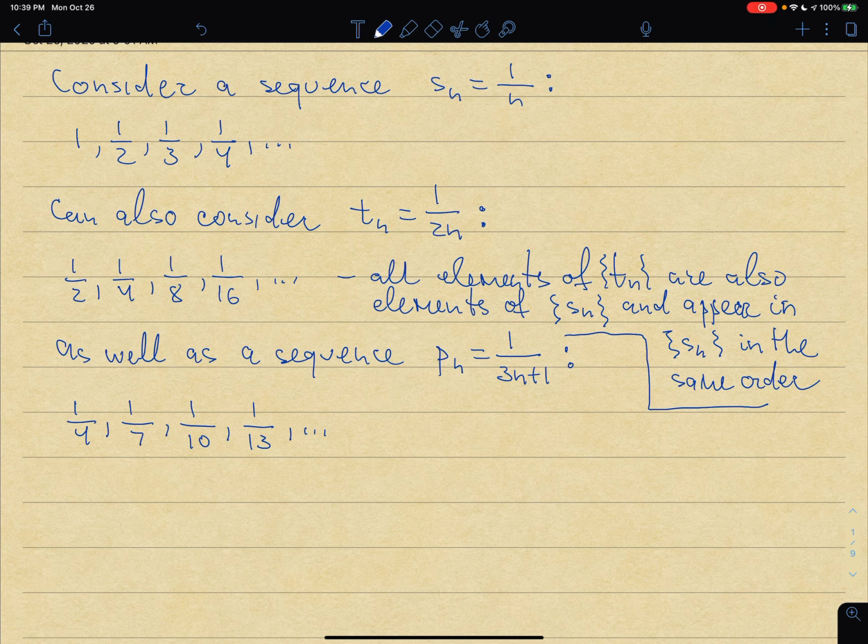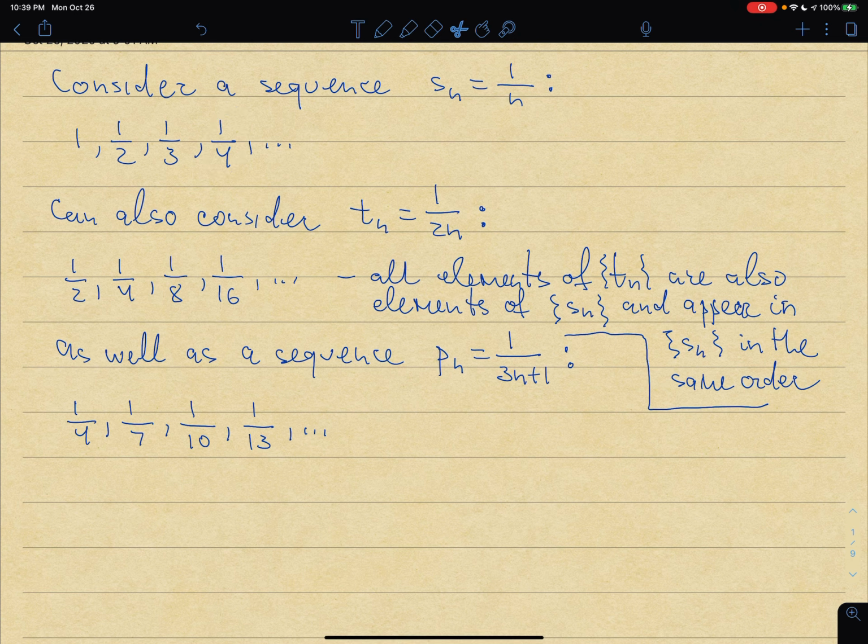Each time I add 3 to my denominator. Clearly exactly the same thing will happen as in the case of Tn, because all terms in Pn, like 1/4, also appear in Sn. 1/7, even though I didn't list it in Sn, right?